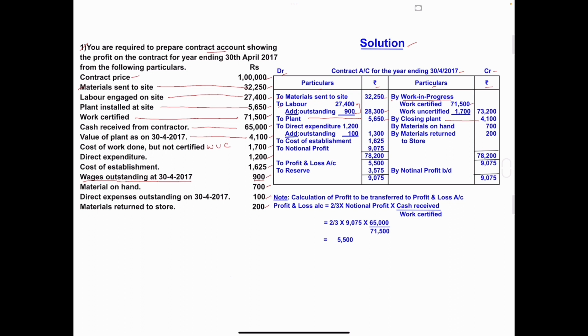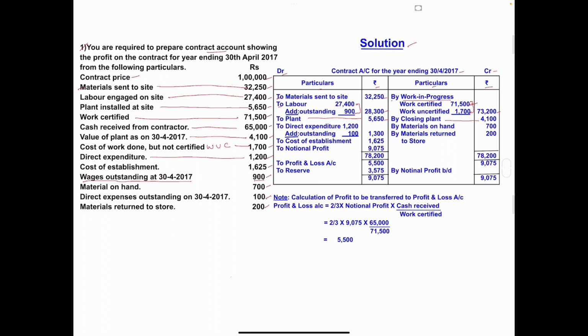In work in progress, work certified we have already taken, that is 71,500. Now we have to take work uncertified. The amount is 1,700, and the total of these two, 71,500 plus 1,700, is 73,200.